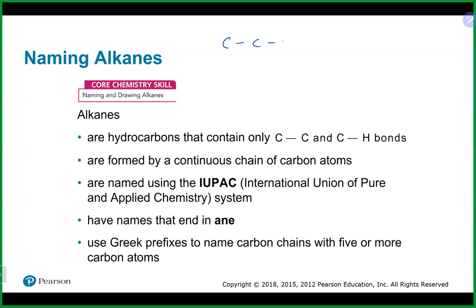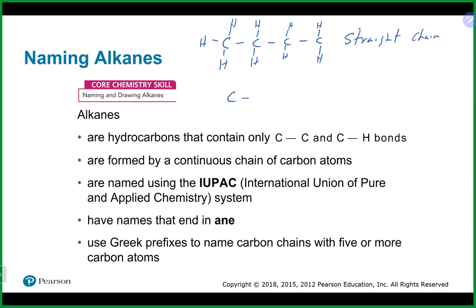There are carbons all attached in a row, which is sometimes referred to as a straight chain. It looks like a straight line of carbons attached to carbons.